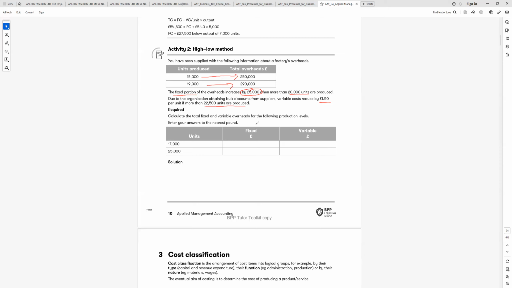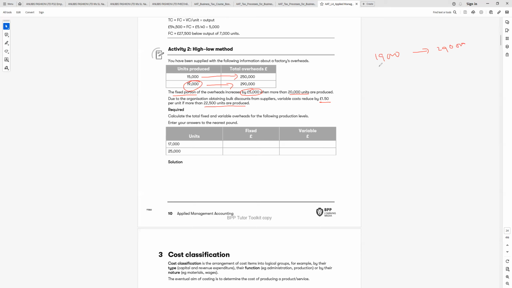Okay, so let's have a look. Calculate the total fixed and the variable cost. The first thing we're going to look at is the difference between the higher cost and the lower cost. So we have a high of 19,000 units, and the cost is 290,000.